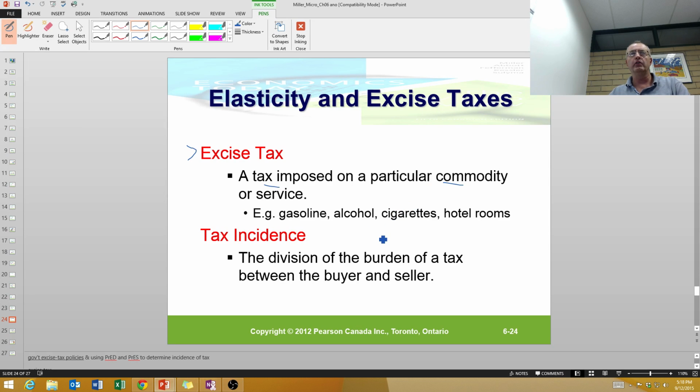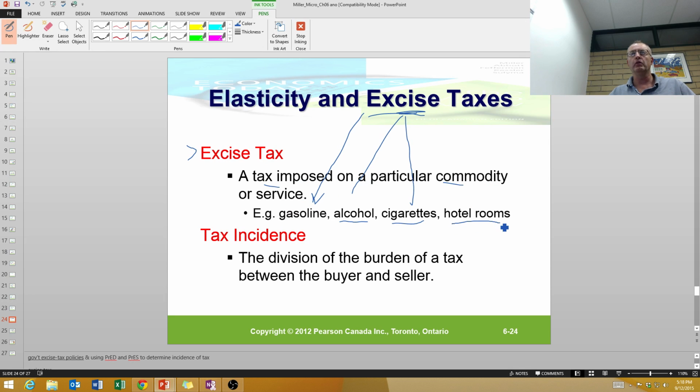We all know that when you buy alcohol, 80% of the price is a tax. It's not a sales tax, it's an excise tax, an alcohol tax. Likewise, cigarettes, I don't know what percentage of the price is tax, but there are excise taxes on tobacco as well. Fuel for your vehicle, gasoline, is also an excise tax.